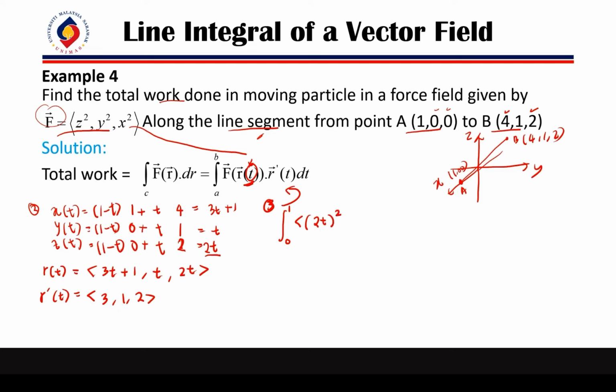Alright, am I right? 2t squared, and then y squared is equal to t squared, right? And then x here is 3t plus 1 squared. So we do the dot product with r prime of t, which is 3, 1, 2. Okay, you clear up until here?